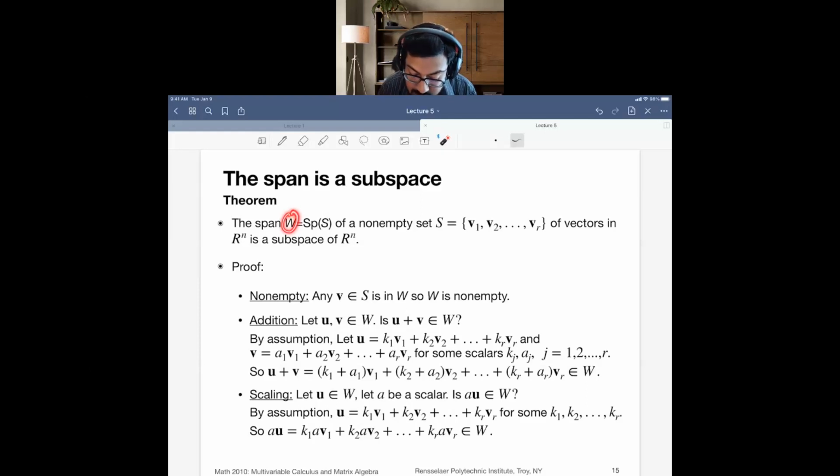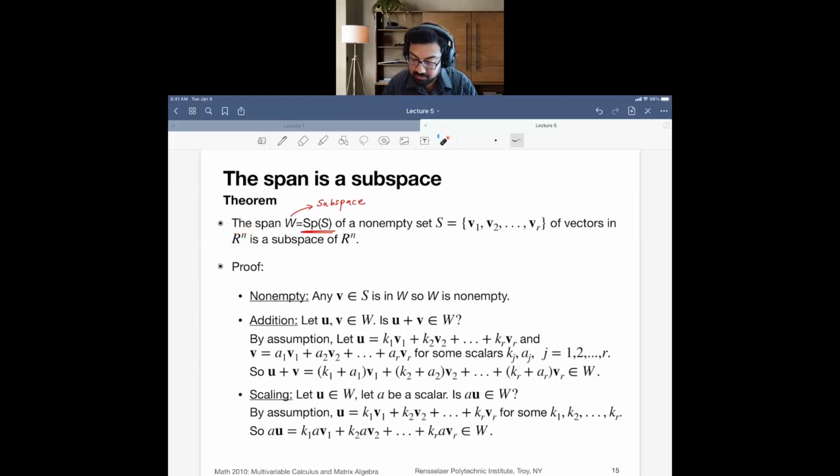The subspace is being defined. I'm defining the subspace to be the span of S. S is a non-empty set of vectors, and the set of vectors that I'm considering is v1 through vr. These are r vectors, and each vector is in R to the n.